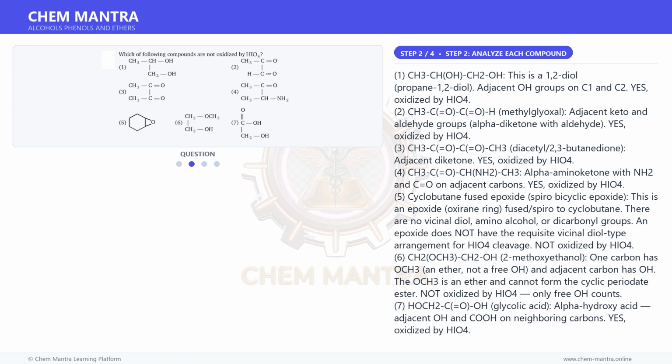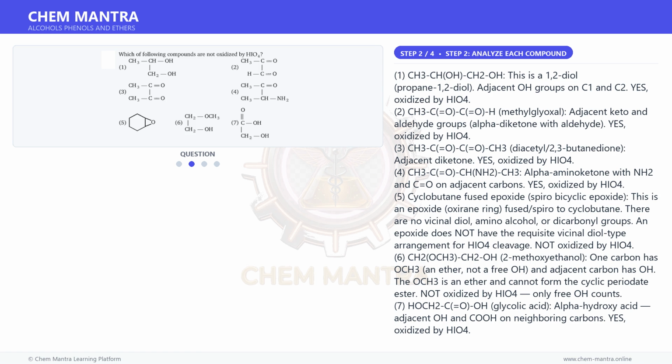Yes, oxidized by HIO4. 3. CH3C(=O)C(=O)CH3, diacetyl, 2,3-butanedione, adjacent diketone. Yes, oxidized by HIO4.